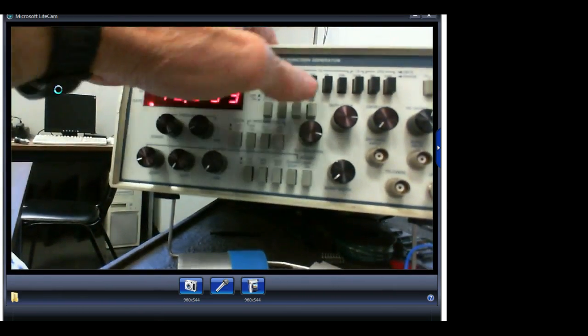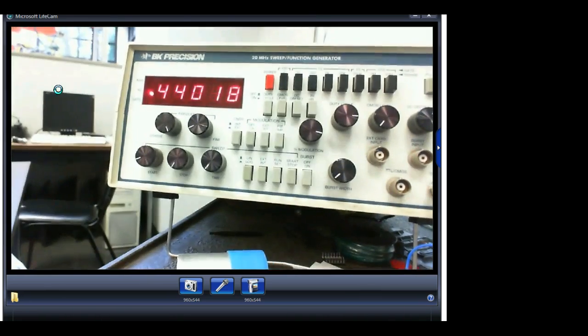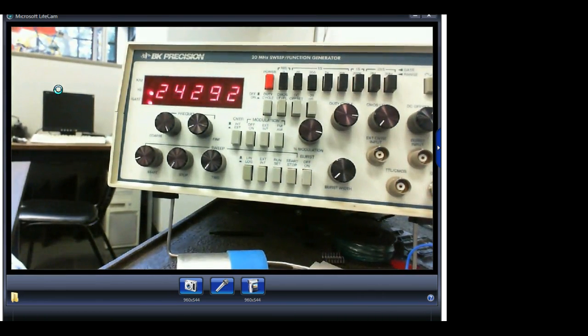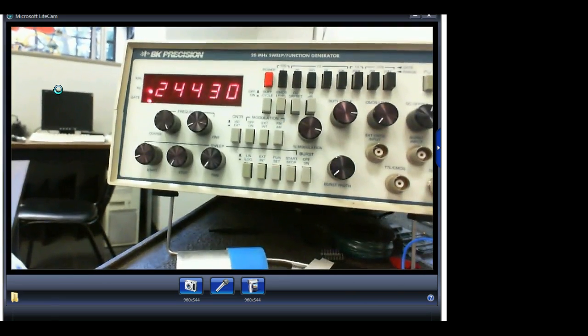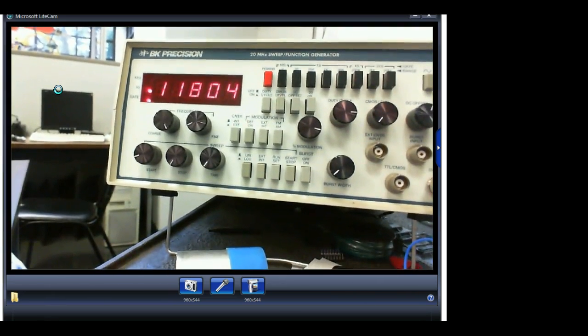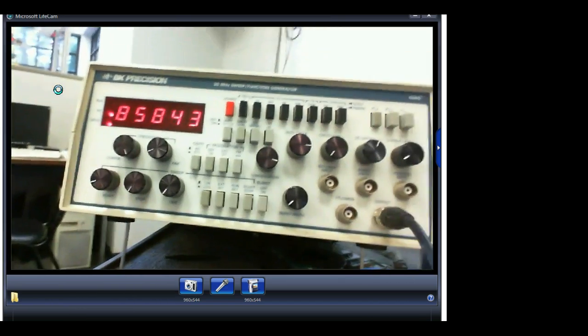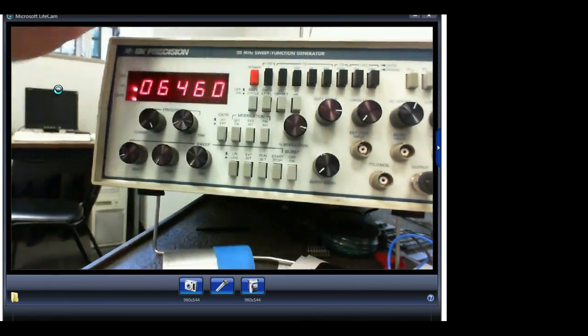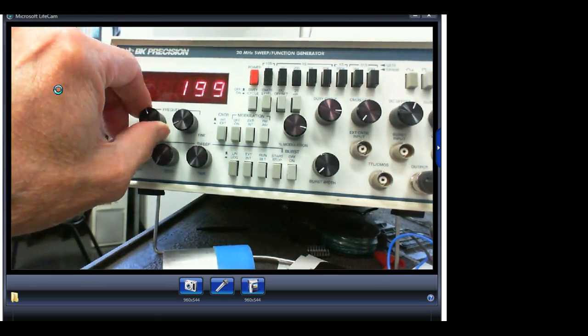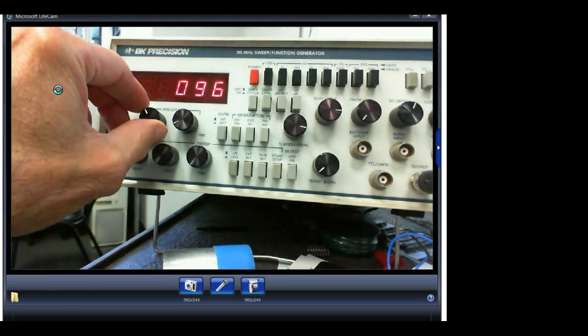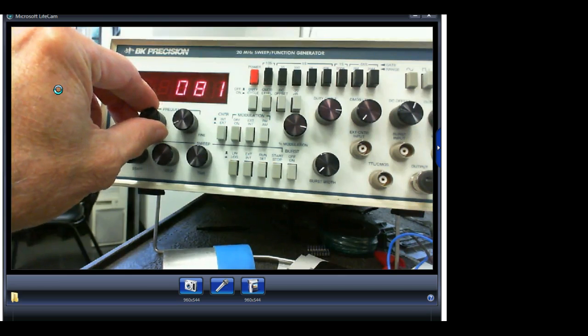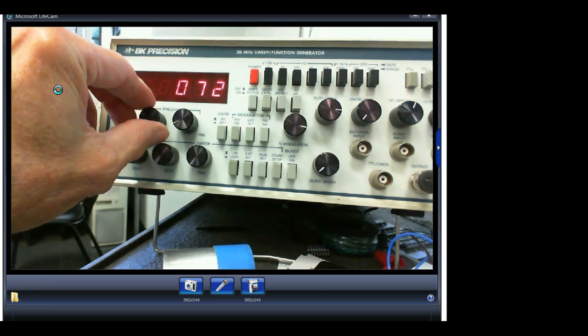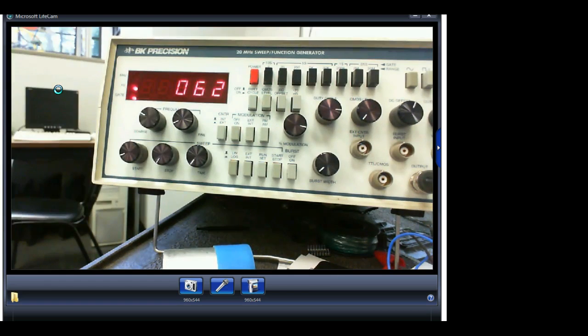So we'll go ahead and set the frequency down to about what we would get off of Alabama Power. Hopefully we're going to get 60 hertz. Looks like it wants to go that way. Okay, that's good enough.